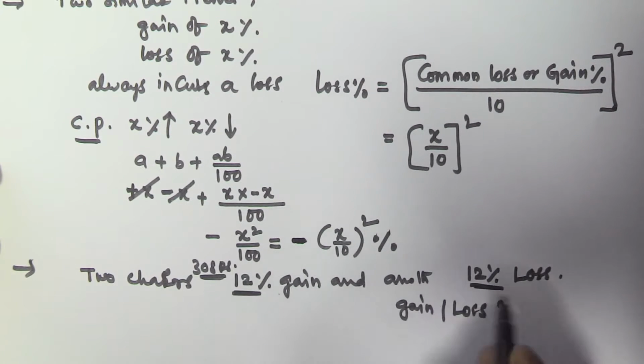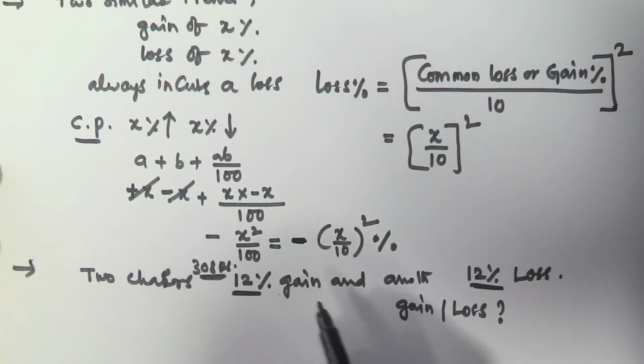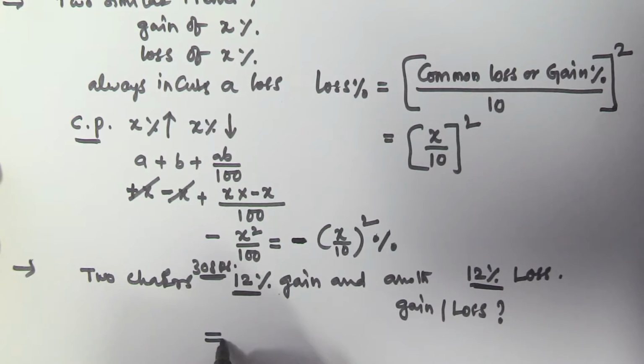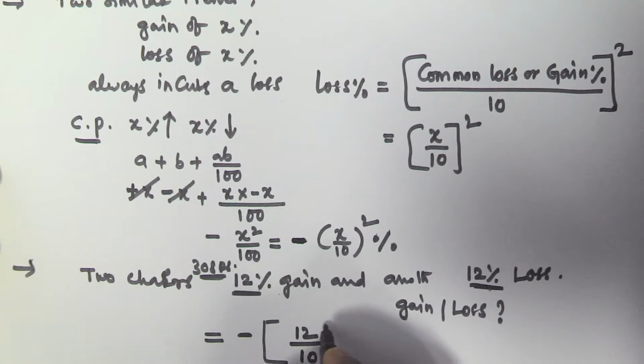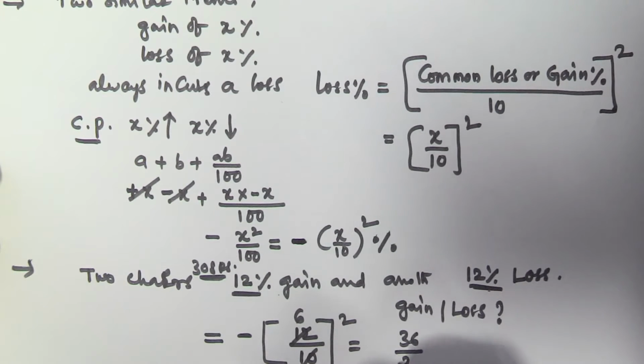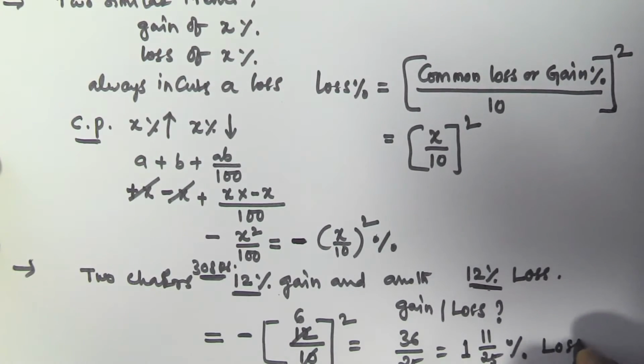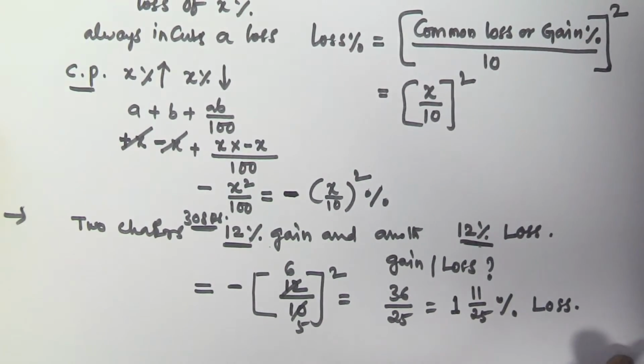So it is always going to be a loss, because in this concept we have seen that there is always a loss, and that loss percentage is given by (common gain or loss percentage by 10) whole square. Here the common percentage is 12, so 12 by 10 whole square, which is (6 by 5) square. 6 square is 36 and 5 square is 25, so 36 by 25, which is 1 and 11 by 25 percentage loss. It is always going to be a loss only.